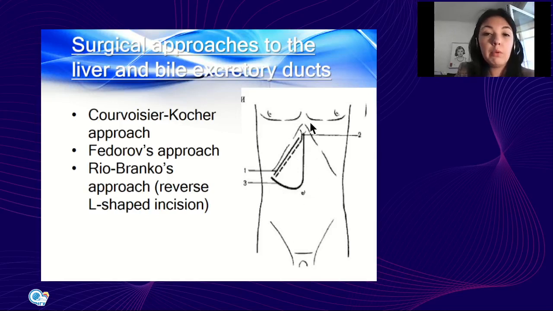You remember, superior median laparotomy is an incision along the midline from the xiphoid process up to the umbilicus, and if we need, we should surround the umbilicus from the left side, because on the right side there is the round ligament of the liver. So these are the main approaches for open surgery on the liver and bile excretory ducts.